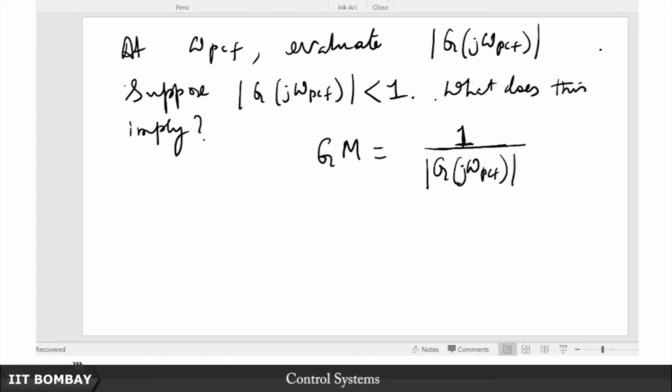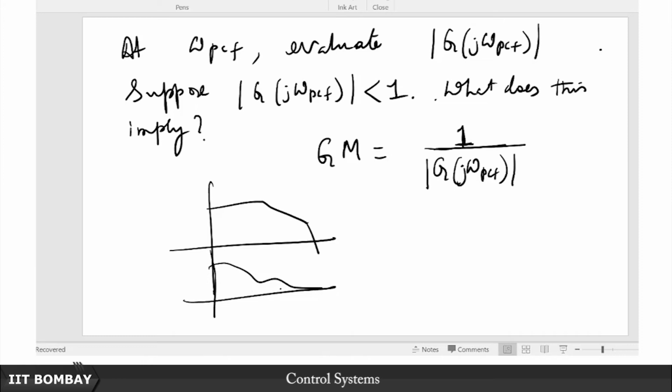Now, for example, consider two different systems whose magnitude plots are like this, and whose phase plots are, say, something like this. Let us say this is where you have your gain crossover frequency, ω_GCF, and this is where you have your phase crossover frequency, ω_PCF.